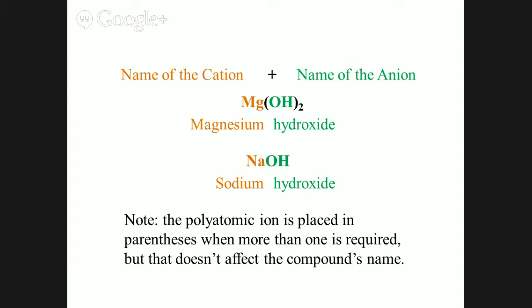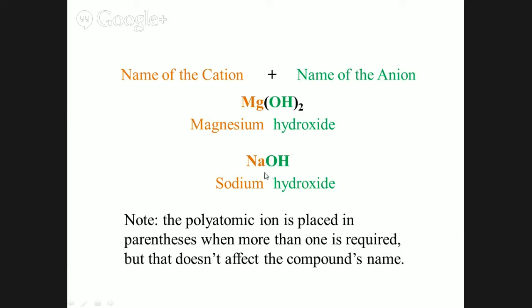Now, if I have something inside parentheses, that is because it's a polyatomic ion that, in order to balance charges, I needed more than one of. Just because I have more than one does not mean the name changes. In other words, here we have our magnesium hydroxide, which, to balance charges, I needed two of them.